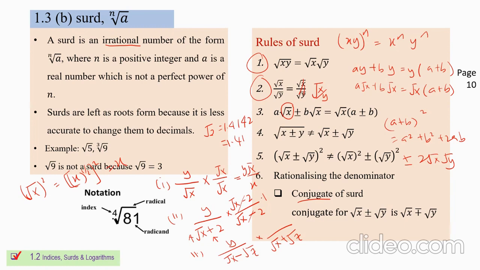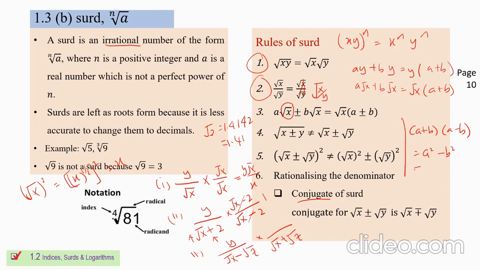This one is actually formed by surd x over surd 2 minus 2, divided by surd x minus 2, multiplying with the conjugate. What is the purpose of multiplying this conjugate? They follow the rule that when I have (a plus b)(a minus b), I will have a squared minus b squared.